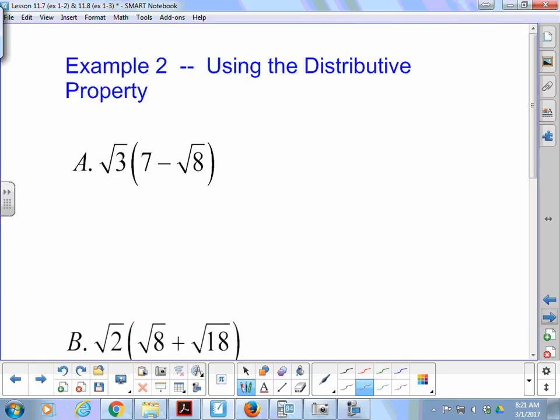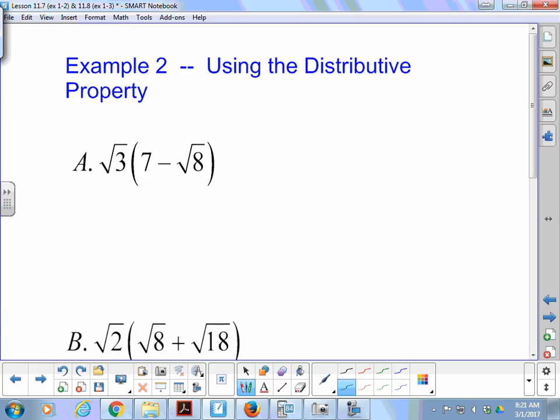So let's look at the distributive property. Now the thing is, we can only multiply things together that are either outside of the radical or inside the radical.